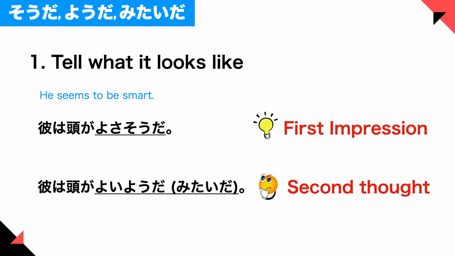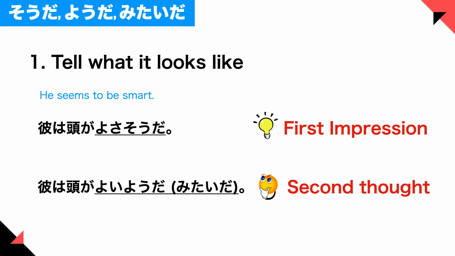An example we had was he seems to be smart. You can say, 彼は頭が良さそうだ。Or, you can say, 彼は頭が良いようだ。彼は頭が良いみたいだ。What's the difference? Well, the difference is that 良さそうだ, そうだ is used more for first impression, first look. So when you're looking at him, somehow he looks so smart.